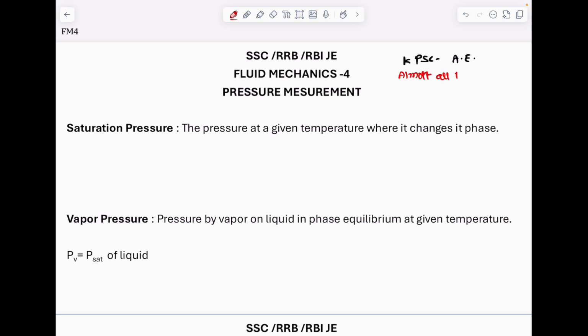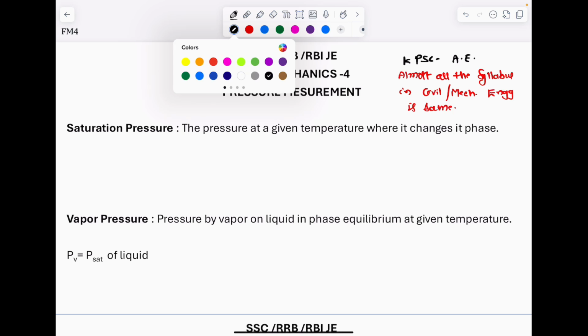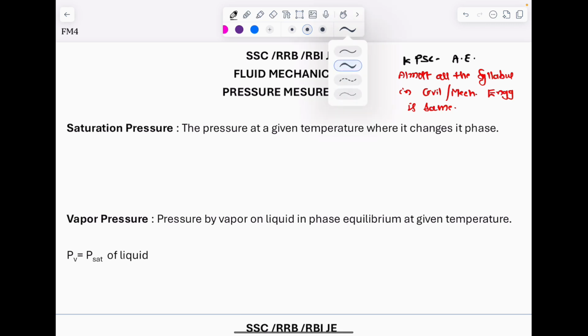Almost all the syllabus in civil and mechanical engineering is the same. It is only the toughness level that will be there in each examination.